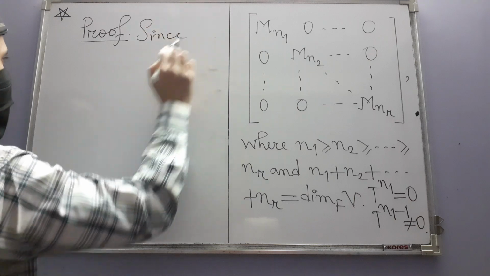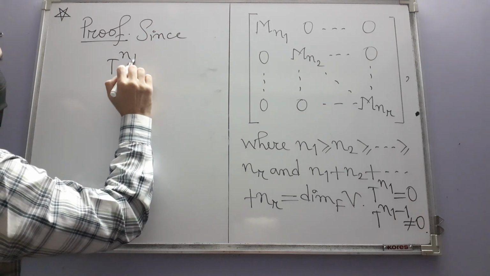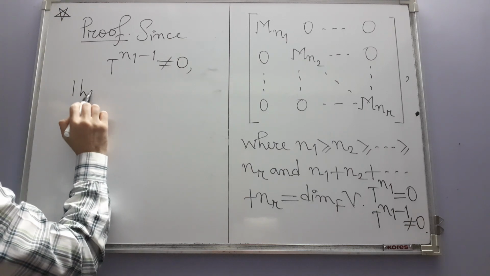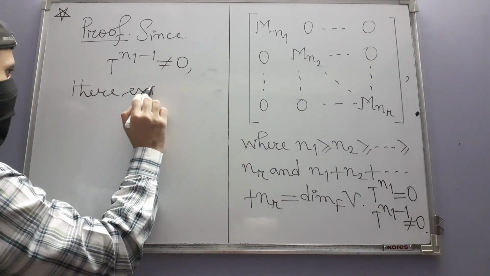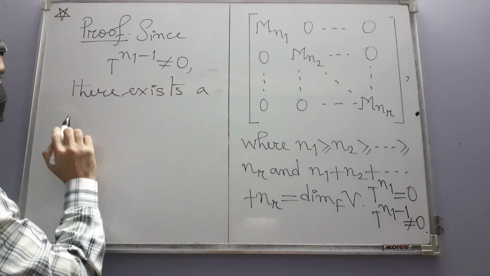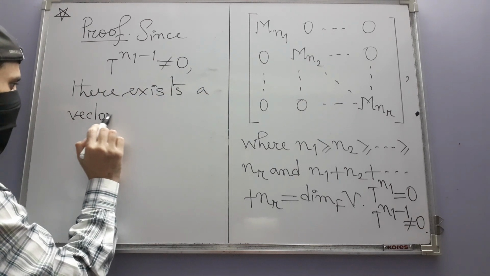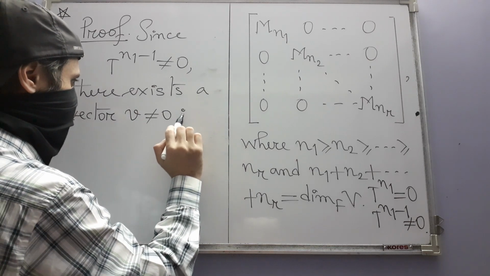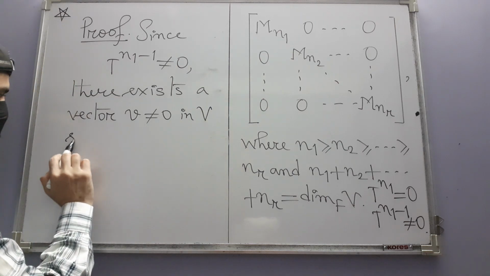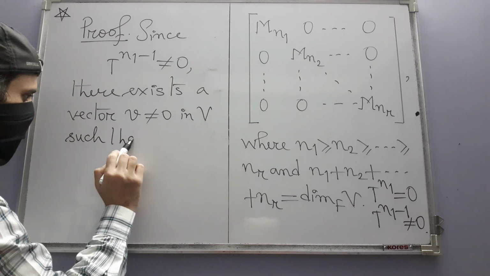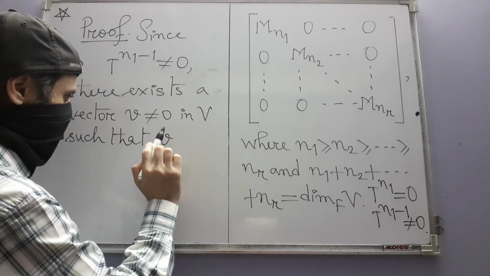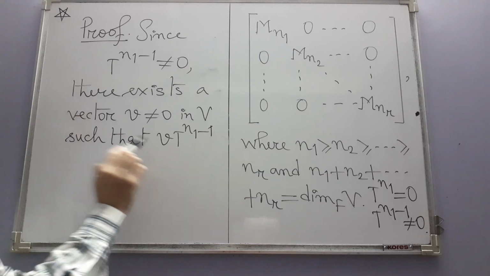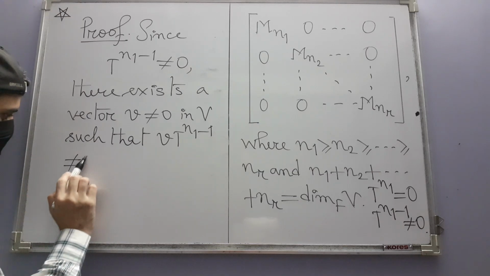Since this is non-zero, there exists a vector v, itself also non-zero, in V such that when you apply this on v, this is not equal to 0.